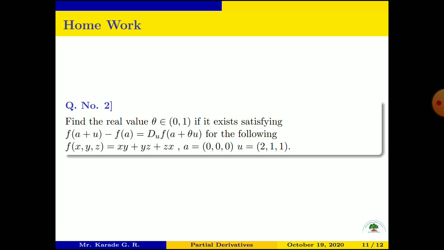For the following means one function is given to you: f of x comma y comma z is equal to xy plus yz plus zx, and point A is given. A is equal to 0 comma 0 comma 0, and vector u is equal to 2 comma 1 comma 1.